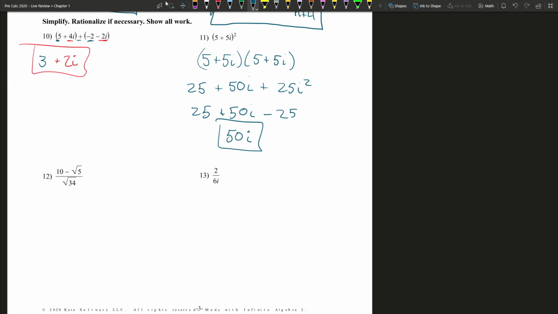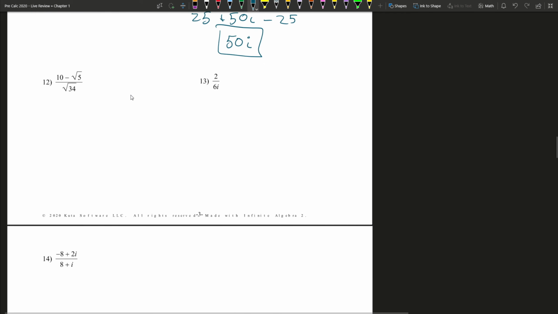For rationalizing, again, we can't have anything in the denominator. All right, so we need to multiply by different clever forms of 1. For this number, the easiest way to do that is just multiply by root 34 over itself.